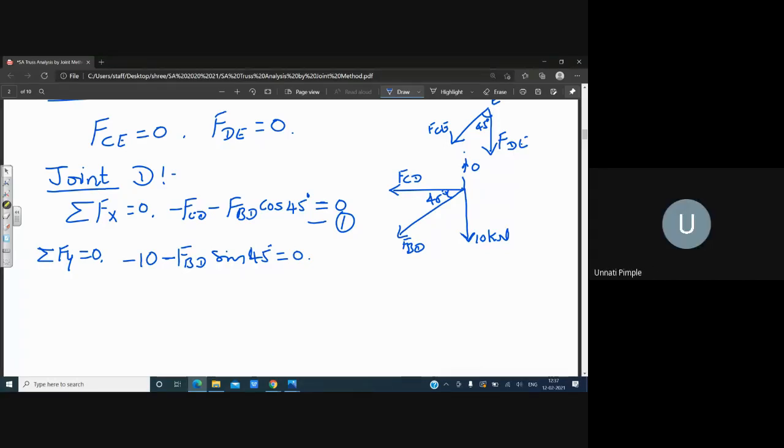FBD is 14.14 kilonewton, compression load. Is it positive or negative? Negative, compression. Therefore it has to be written as 14.14 kilonewton C. C indicates a compression member, which means the BD direction should be changed.